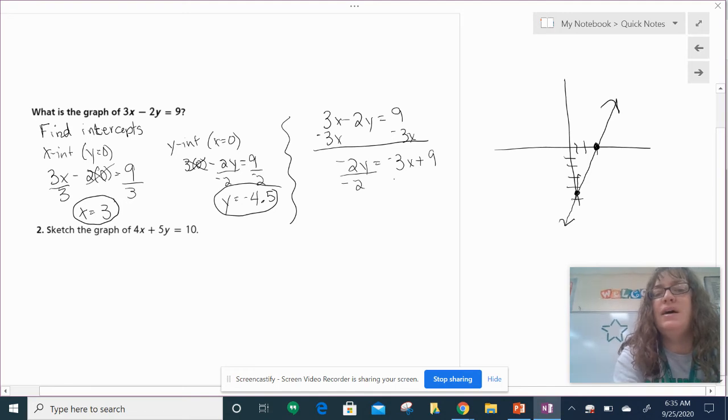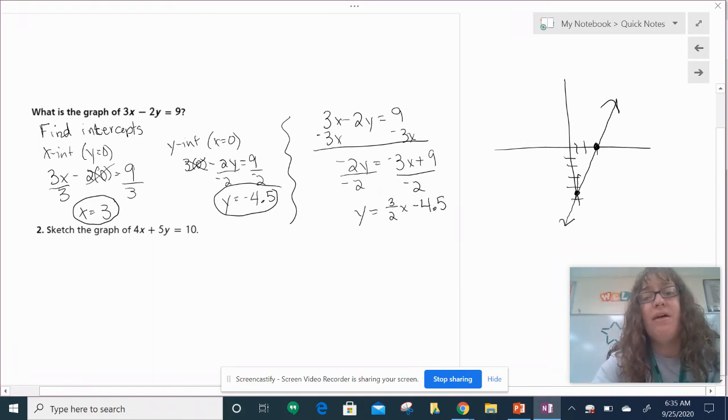Then I'm going to divide by negative 2 and get y is equal to, remember I divide both parts, so negative 3 divided by negative 2, that's going to turn to a positive 3 halves x, and 9 divided by a negative 2 is negative 4.5. If I were graphing this, I would begin at negative 4.5, and then I would rise 3, 1, 2, 3, and run 2, and I would just make sure that that looks like it's reasonable that it's on that line.